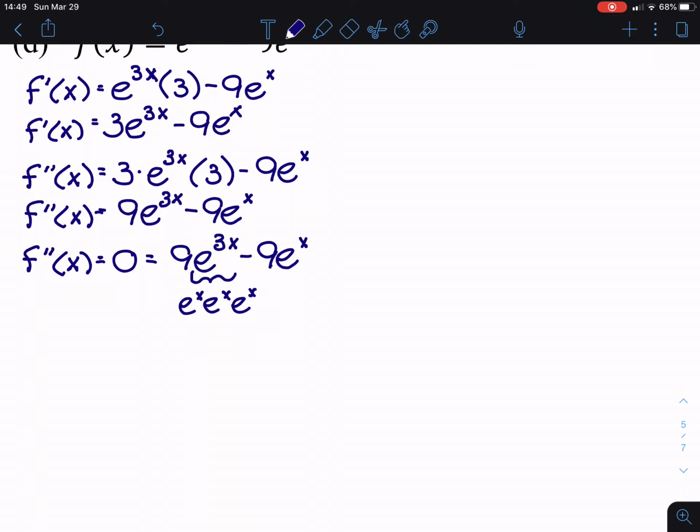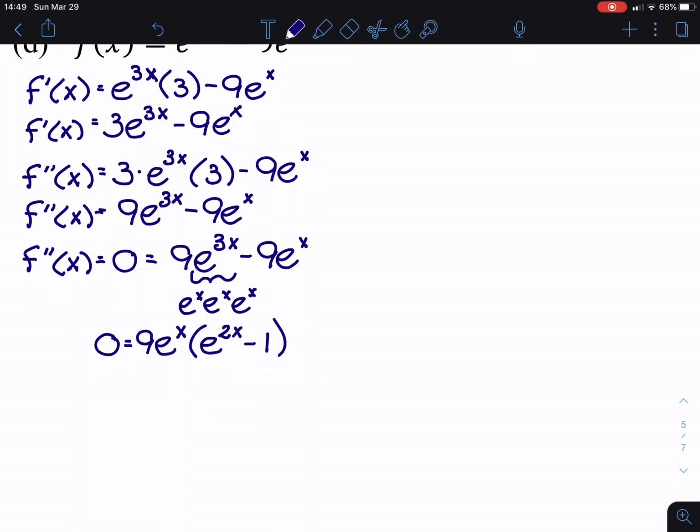So what I can factor out in front is 9e to the x. They both have that in common. So 0 is equal to 9e to the x times, well, I took 1 e to the x away, I still have 2 left over, so e to the 2x minus 1.